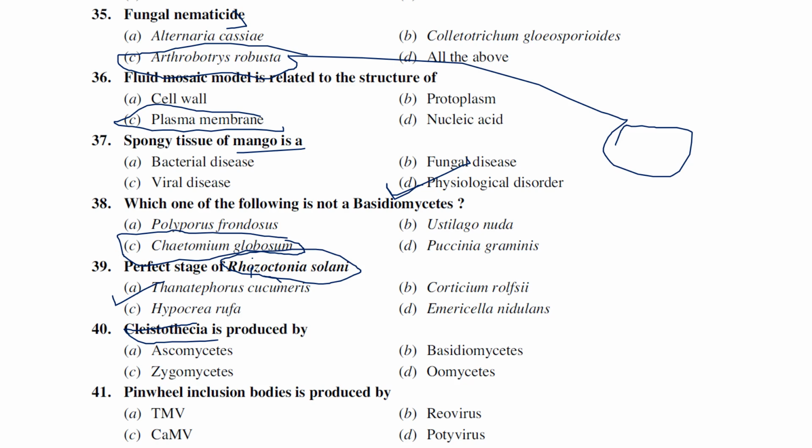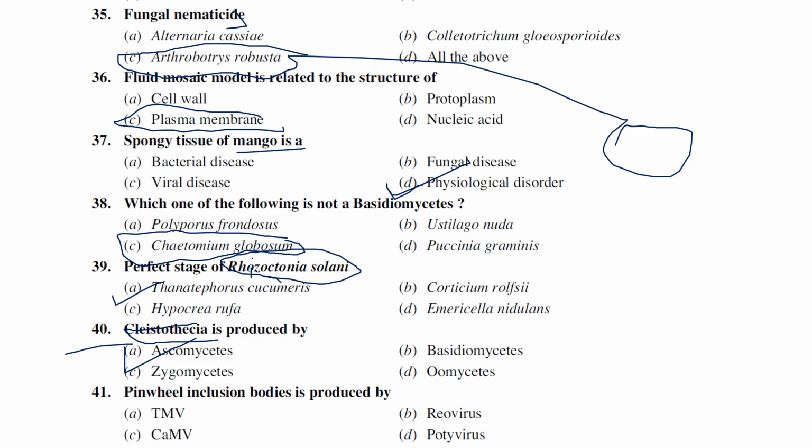In Ascomycota there are 4 kinds of sexual fruiting bodies: Cleistothecium, Apothecium, Perithecium, and Pseudothecium. Cleistothecium means a completely closed ascocarp, mainly observed in Ascomycota. Zygomycota and Basidiomycota don't produce such ascocarps, right?